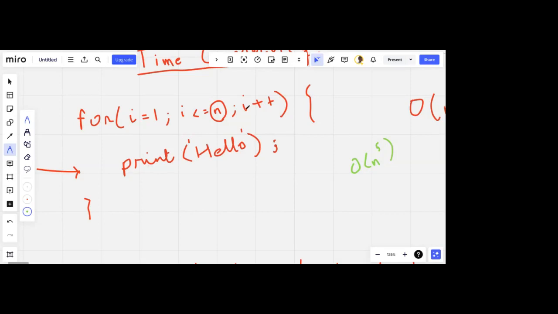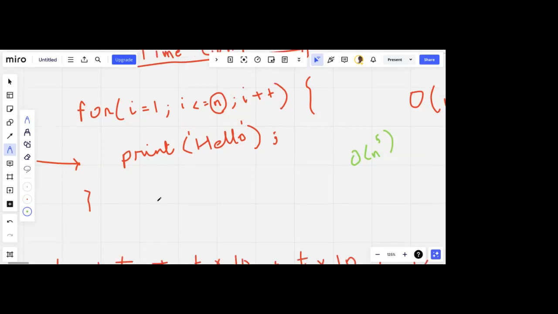Let's calculate using very basic terms. This statement would be assigned only one time, so 1, plus this check will be performed n times, so n. This assignment would be performed n times, plus n, and plus this print statement will be performed n times, plus n. So this would be 3n plus 1.